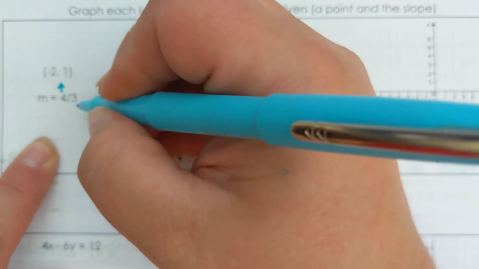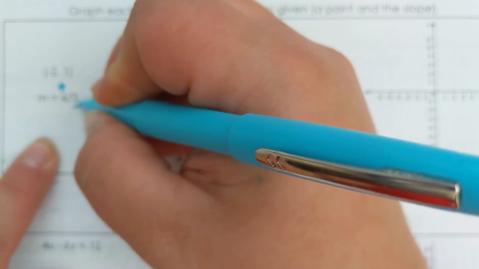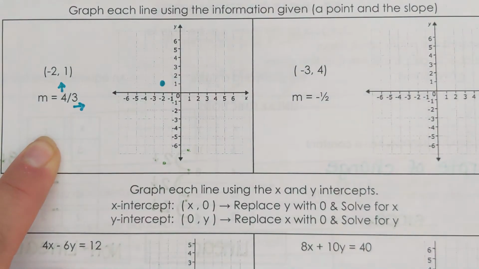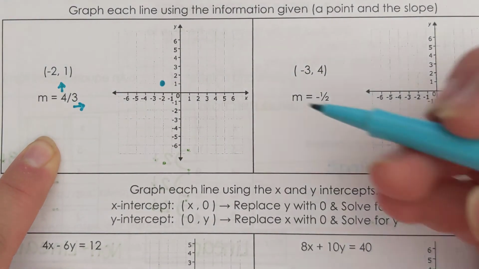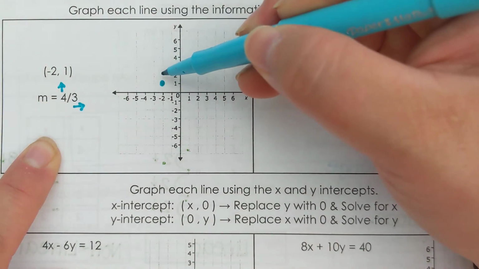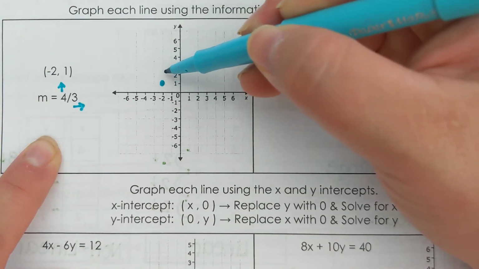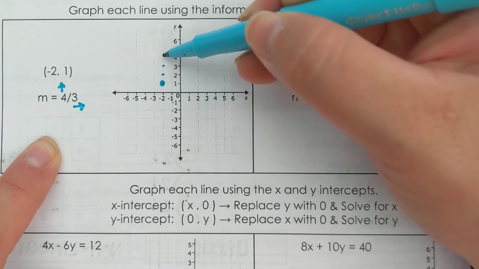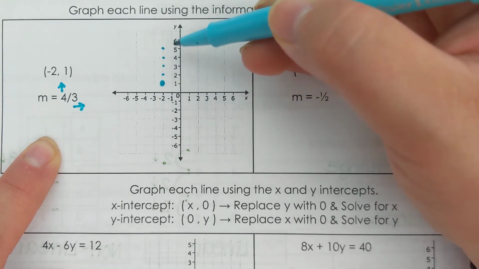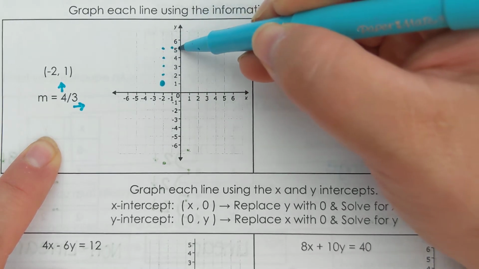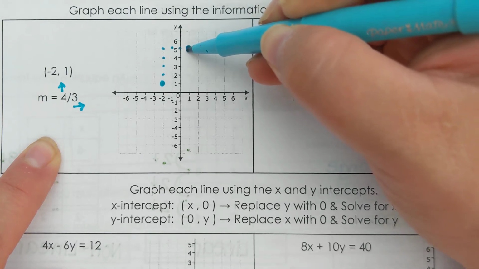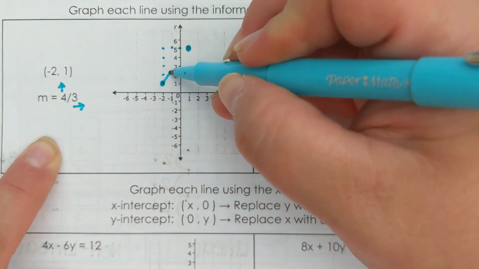And then the 3 is the run, so that means it's going to go to the right 3. Okay, so I'm going to go up, and I know this is kind of hard to see, the graphs aren't the best. 1, 2, 3, 4, and right 1, 2, 3. And then I just draw a line through those 2 points.